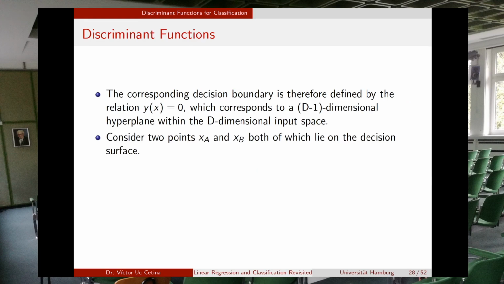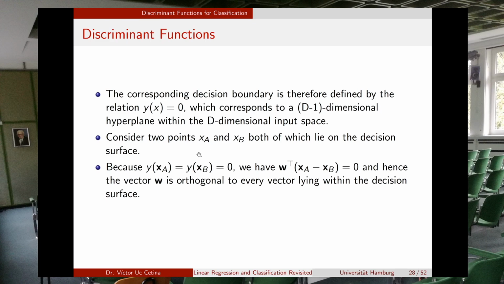Okay, so we have said that every point that is lying exactly on our decision boundary, the evaluation of that point in the equation of that decision boundary is 0. Consider two of these points. We are going to call them xa and xb, and these are lying in the decision boundary or decision surface.